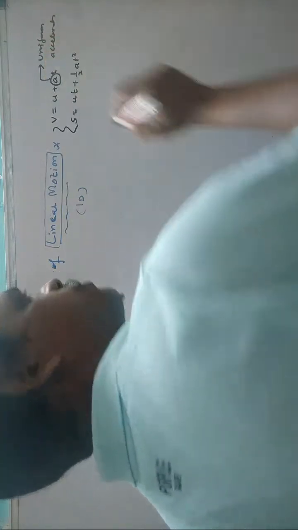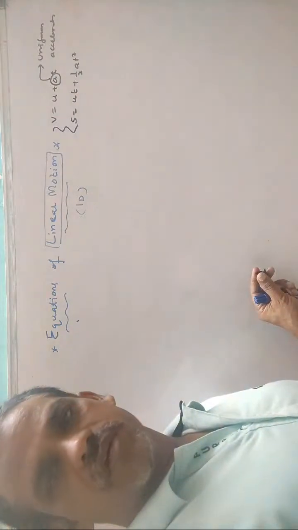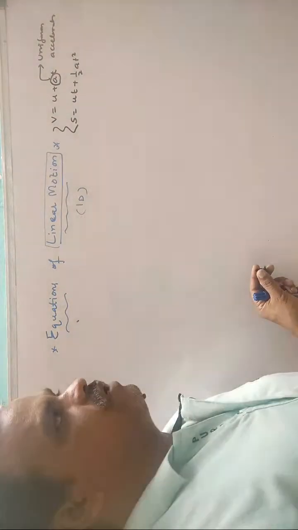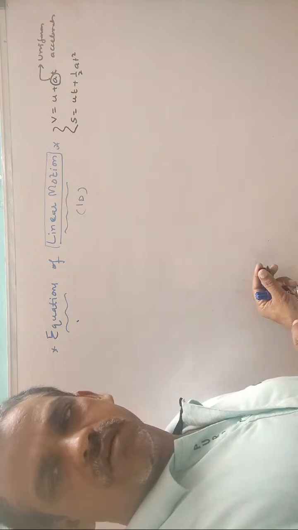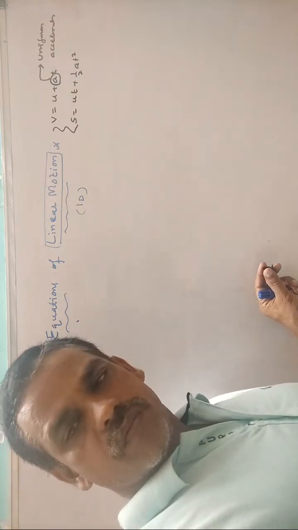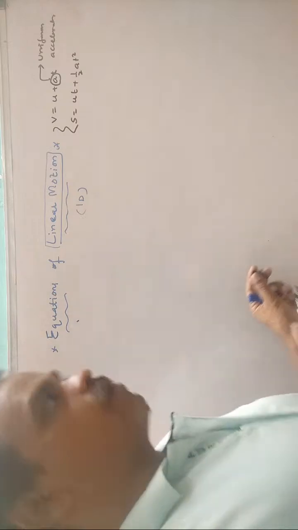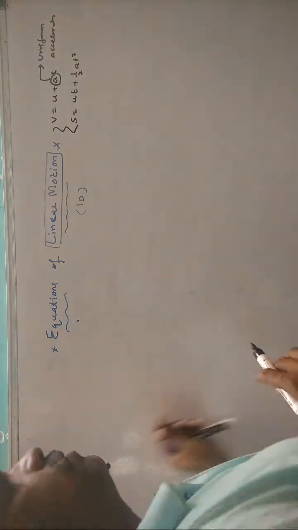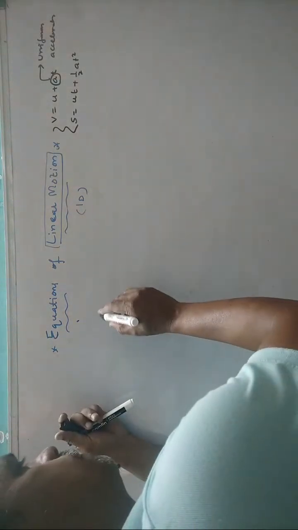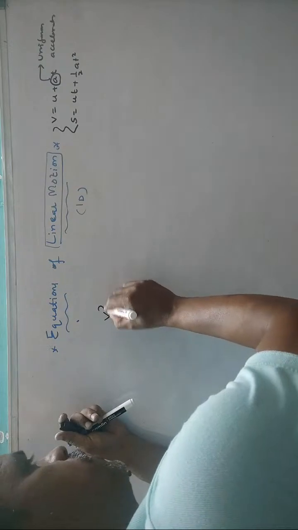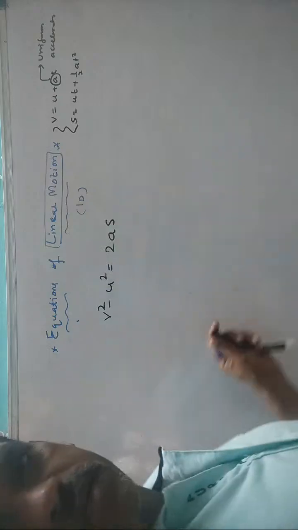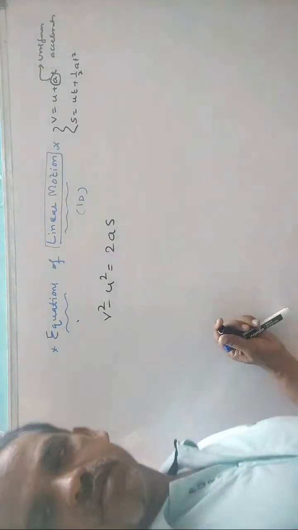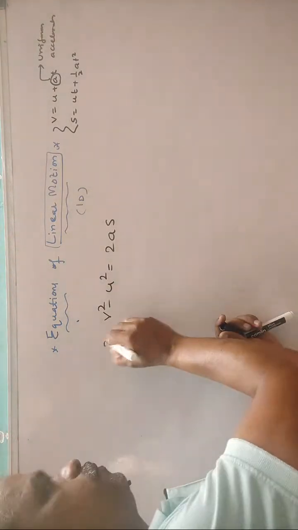Then only we can apply these kinematic equations, when a is constant throughout the journey. Next, here v square minus u square equal to 2as. This is one more equation, the third equation here.